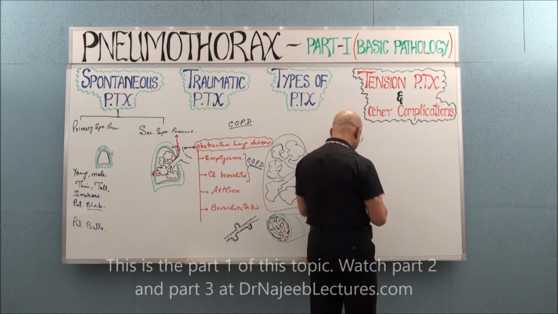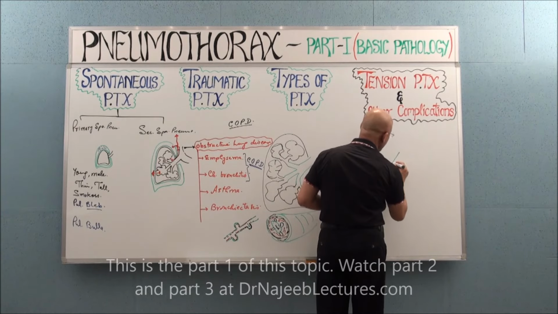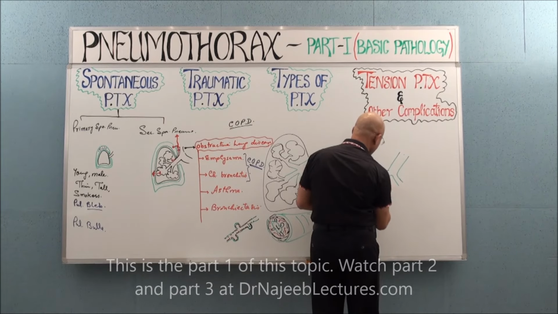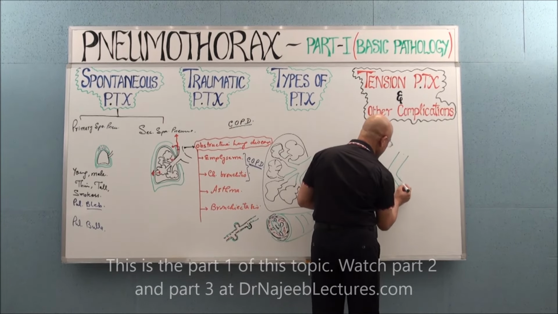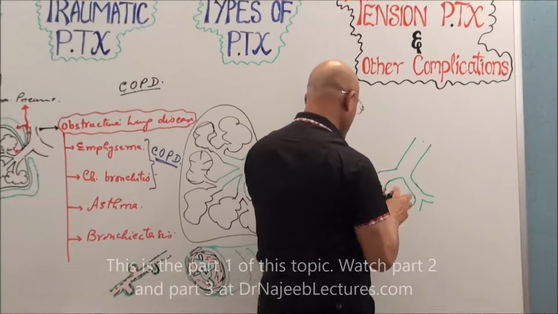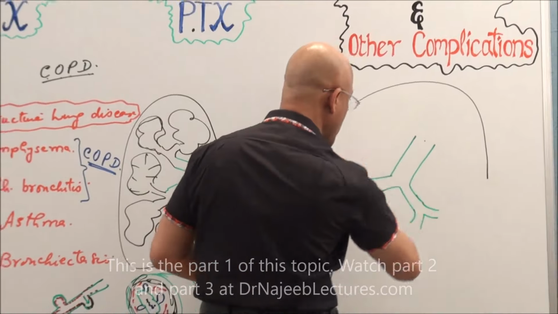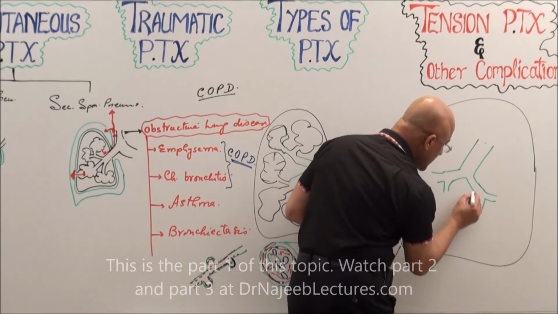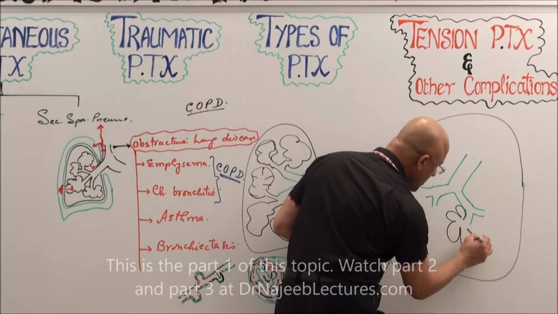Again, let me explain. Let's suppose I'm just showing part of a lung which is having emphysema. Now, what is happening? These are the normal septa.